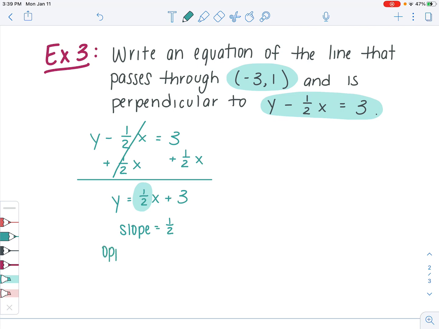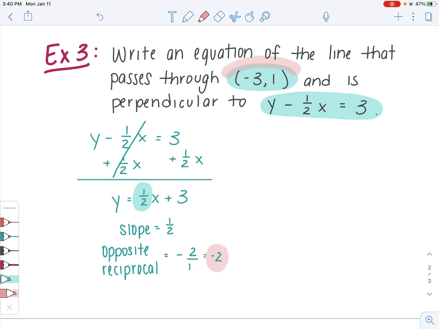So my opposite reciprocal is going to be negative 2 over 1, which is just negative 2. So now I have my opposite reciprocal slope, which is negative 2.